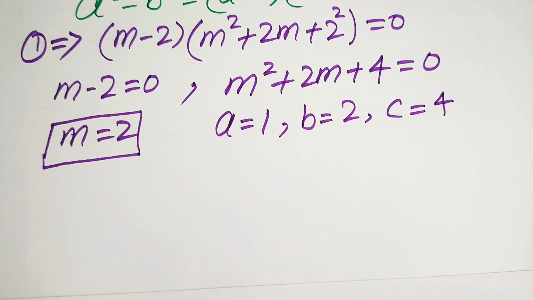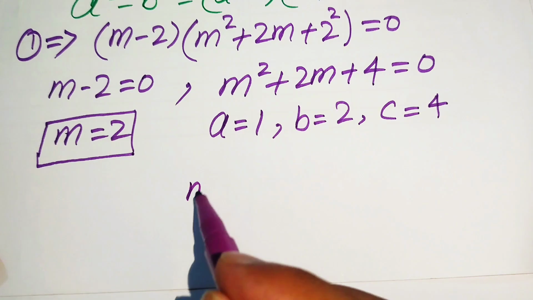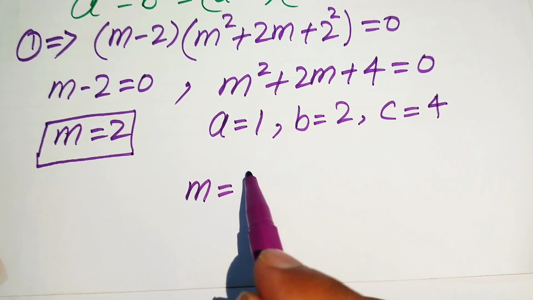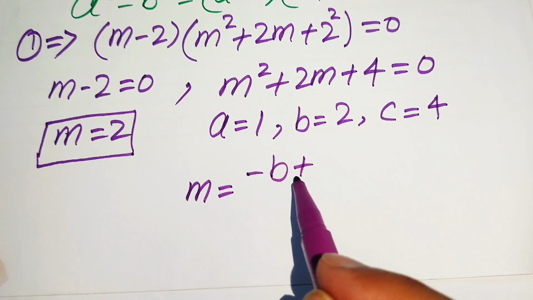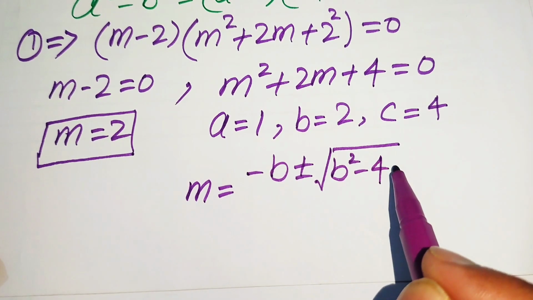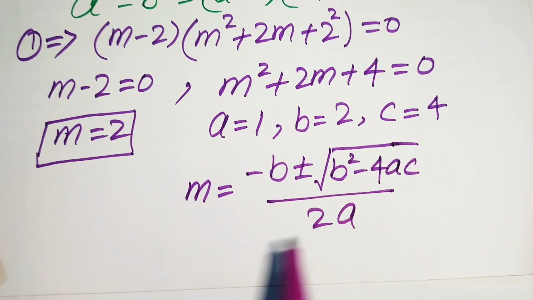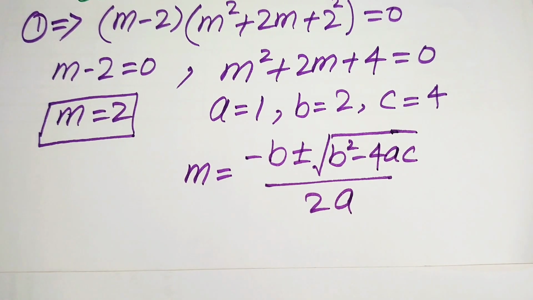And now in the next step we use the quadratic formula, which is stated as m equals minus b plus minus square root of b square minus 4 times ac divided by 2 times a.